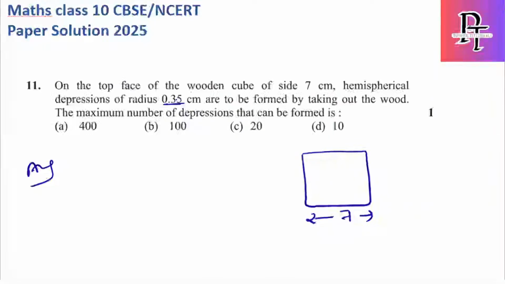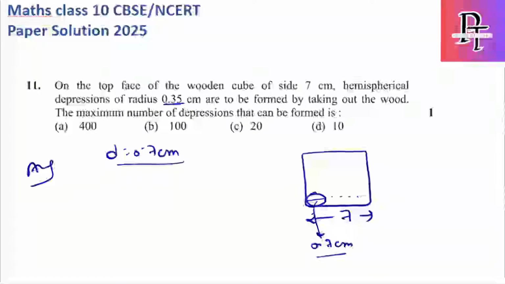So the radius is 0.35, so the diameter will be 0.7. Simply, if I say 7, I will consider this as a small hemisphere, and this diameter is 0.7 centimeter.